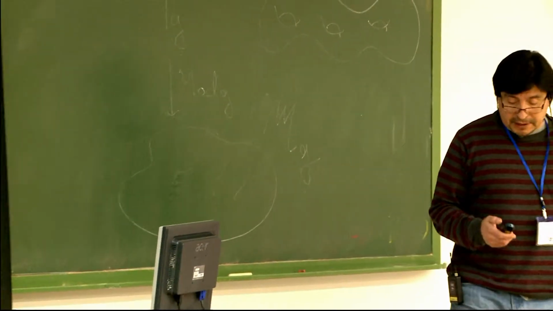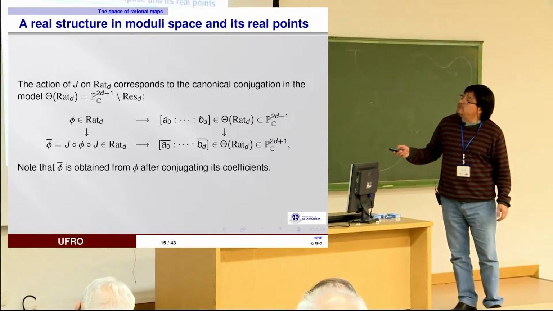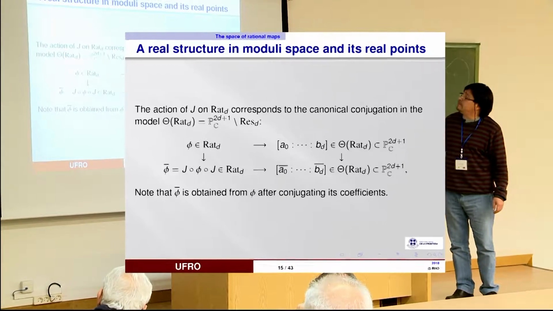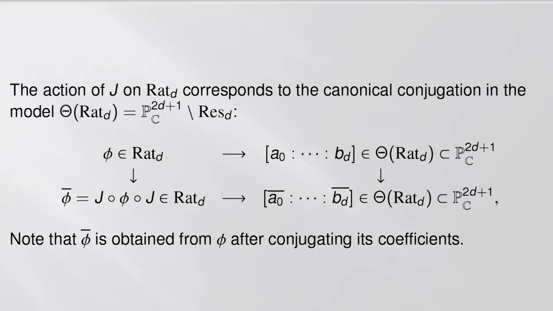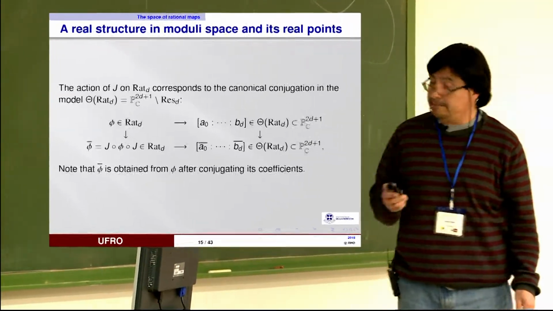What is the relation? Remember that we embed the rational map space into projective space by collecting the coefficients. Conjugation is nothing else than conjugation of the coefficients of the polynomials involved, so it is just the usual conjugation at the level of projective space.